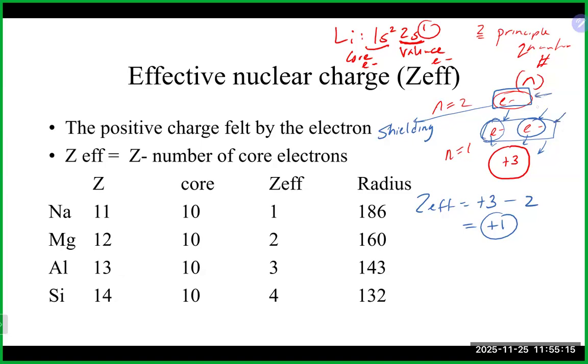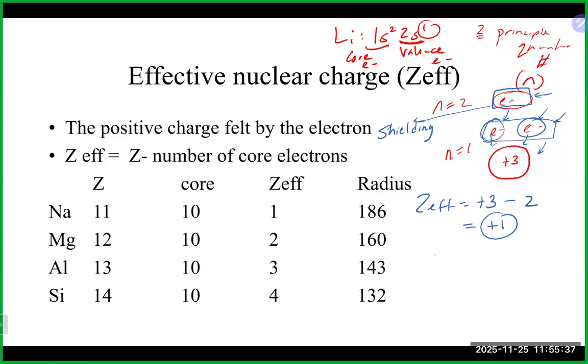So this guy definitely still feels an attraction, but it is much less of an attraction than those lower energy level electrons. The result of that is it's not going to be held as tightly. And again, that is one of the reasons why our valence electrons are involved in bonding. They can kind of move and share a little bit easier than those core electrons.